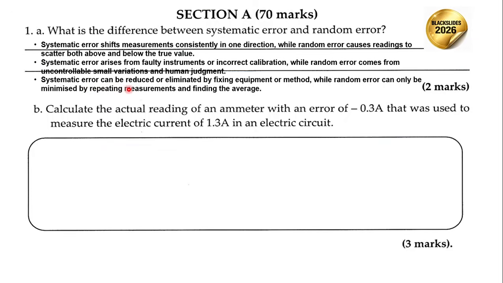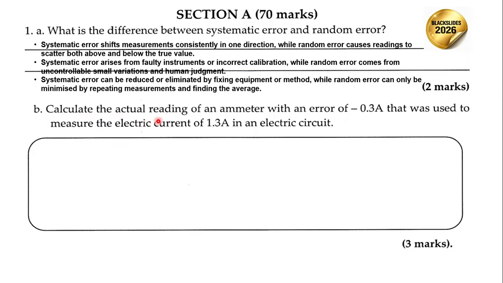Systematic error can be reduced or eliminated by fixing equipment or fixing the method used, while random error can only be minimized by repeating measurements and finding the average. As a matter of fact, random errors are the only type of errors that can be minimized by repeating measurements and finding the average. So know the 3 differences so that you can give any 2 or any 1 for 2 marks.